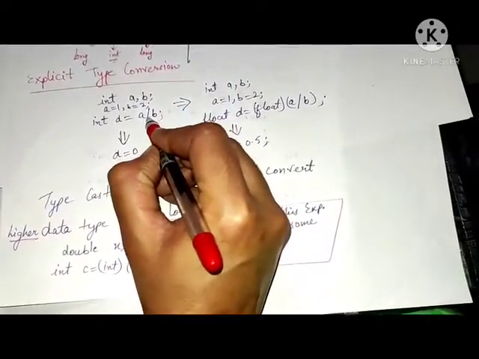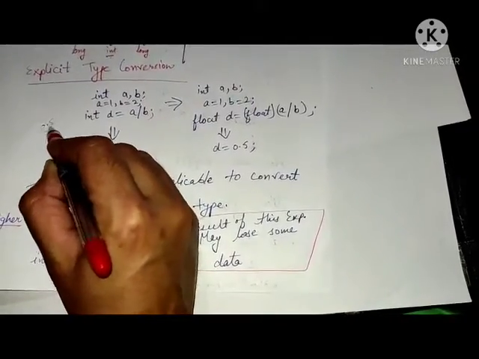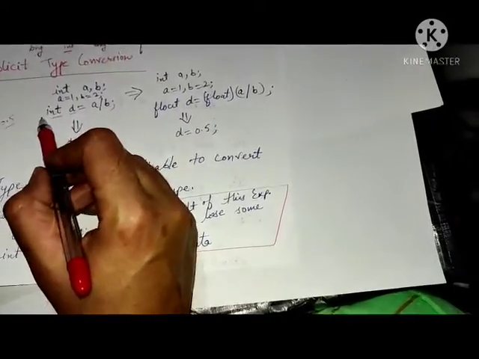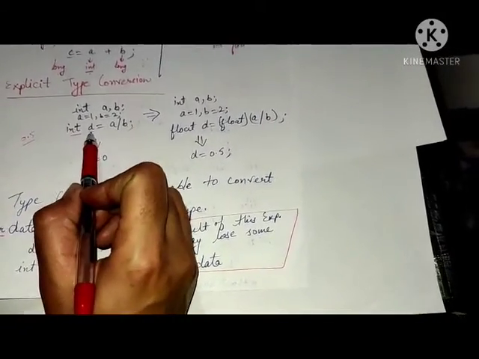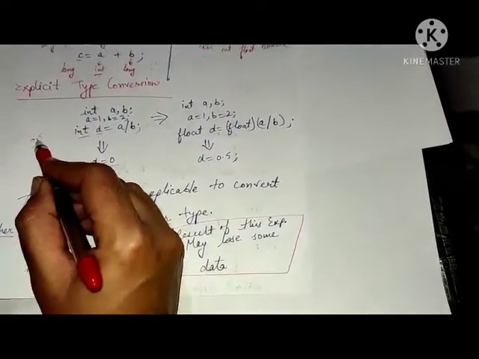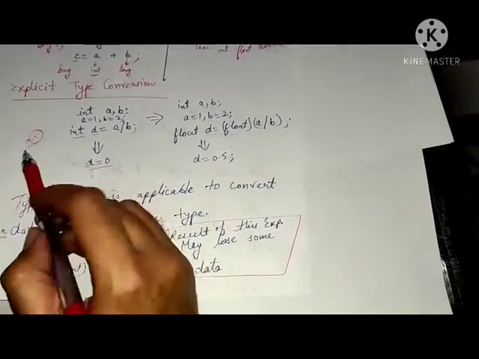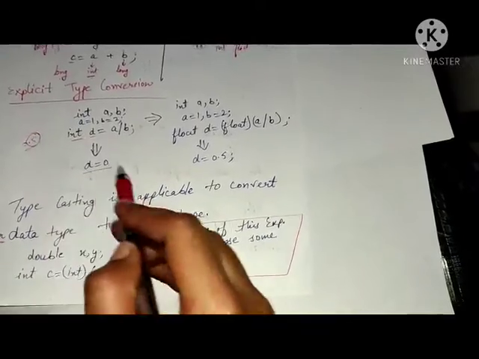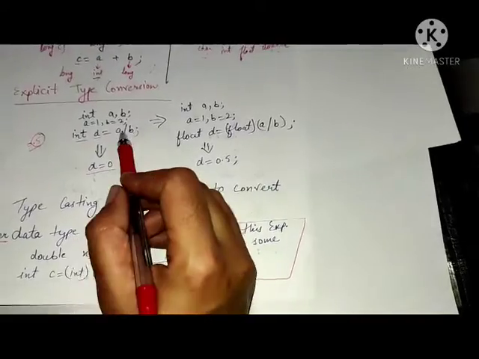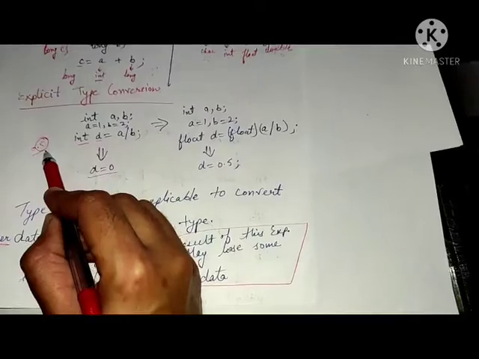When we divide a by b, what will be the answer? 0.5. But d is of int type, so it cannot store the decimal value. D is of integer type, so it cannot store a real number, so it stores only 0 and leaves this part. Okay, but the result is 0.5, correct, or do we obtain 0 only? In that case, we need to convert this result into float so that we can obtain the correct result.